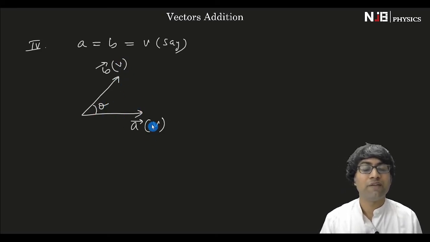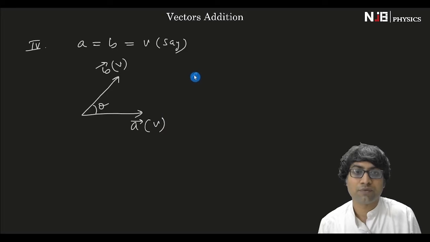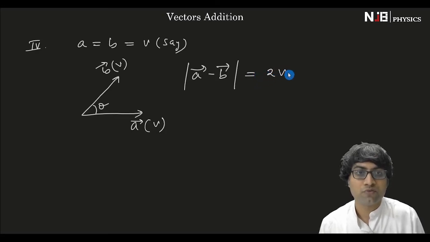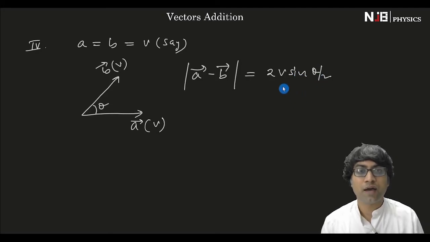So what will be the difference of the two vectors? That means if you want to know what is A vector minus B vector, its magnitude will be equal to 2 times V sine of theta by 2. Basically, when you simplify the entire expression, finally it will come out to be 2V sine theta by 2.